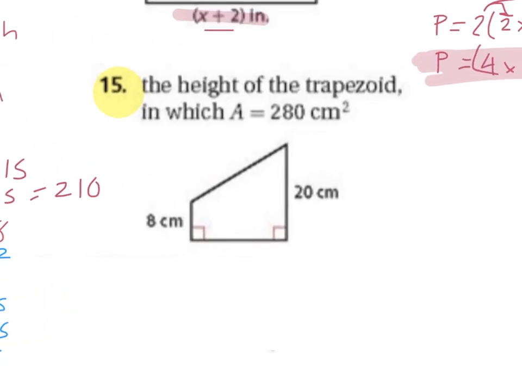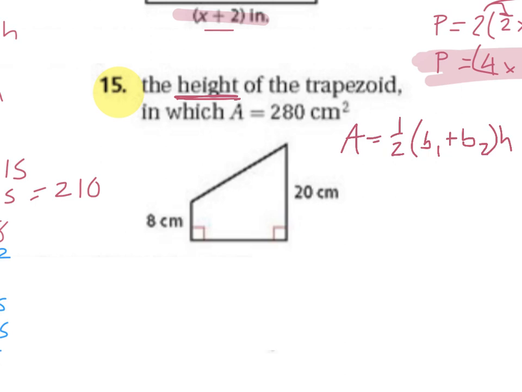Okay, now let's go to 15. We need to find the height of the trapezoid, and it gives us the area as 280 centimeters squared. So we know the area of a trapezoid is 1/2 the sum of the bases, so base 1 plus base 2, times the height. And it's asking us to find the height. So we just need to plug in the area, base 1 and base 2.